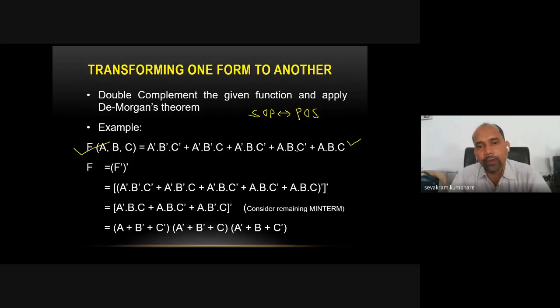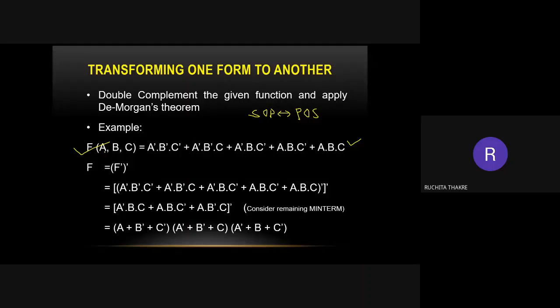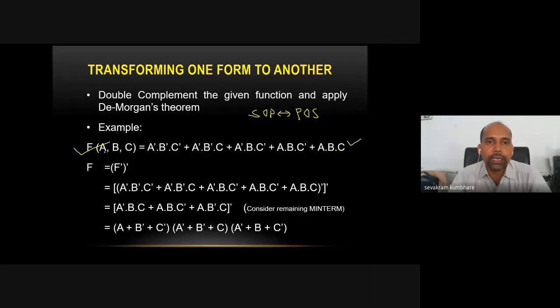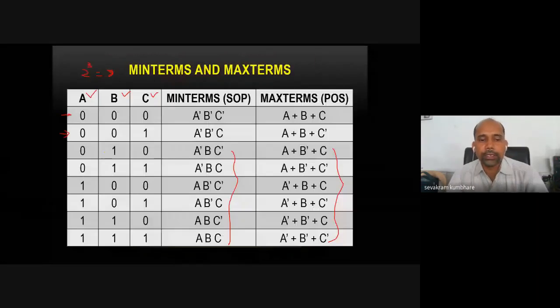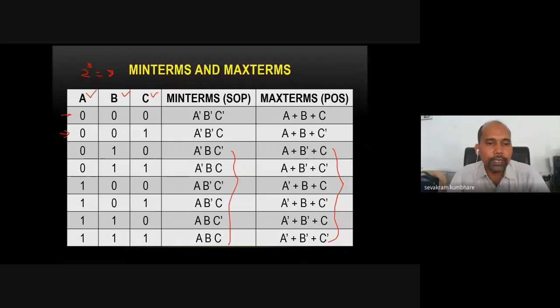Got it? Because ABC can have 8 different combinations like this, and its minterms are this.